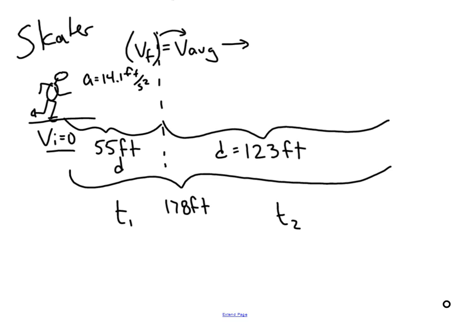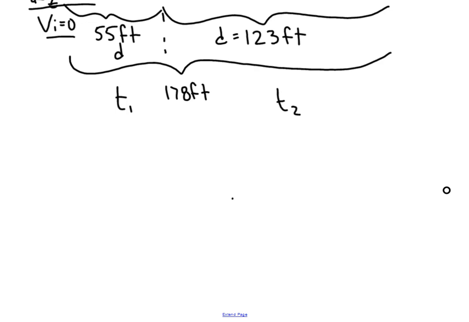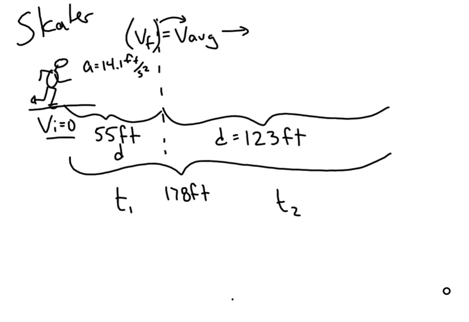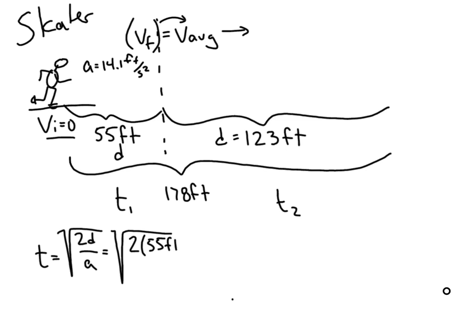So in that first interval, we know that the time can be found with the square root of 2d over a, because VI is 0. That would be the square root of 2 times 55 feet over 14.1 meters per second.